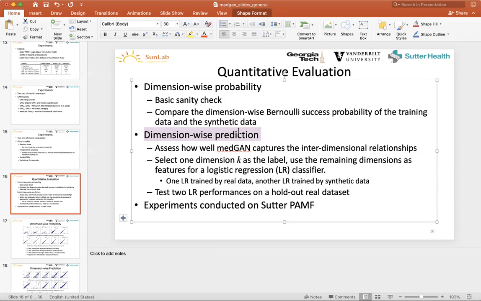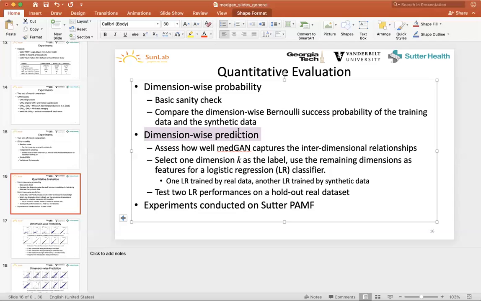Basically, you train your classifier to predict, for example, let's say you have 100 columns or 100 features, then you take 99 features and try to predict whether the remaining feature is 0 or 1. That's basically a leave-one-out feature.